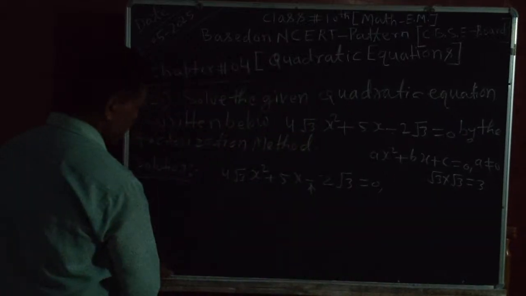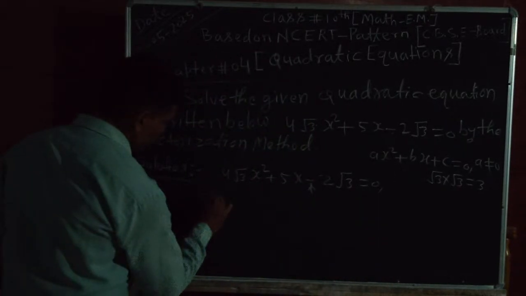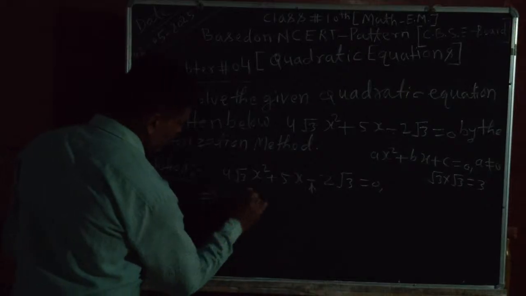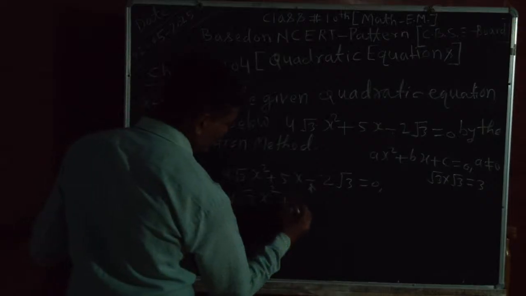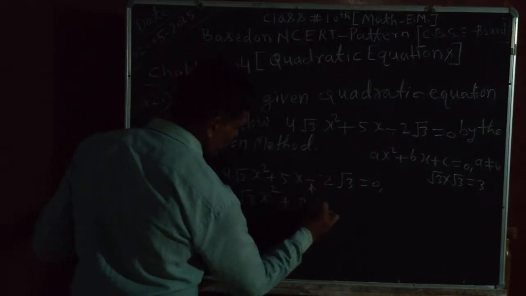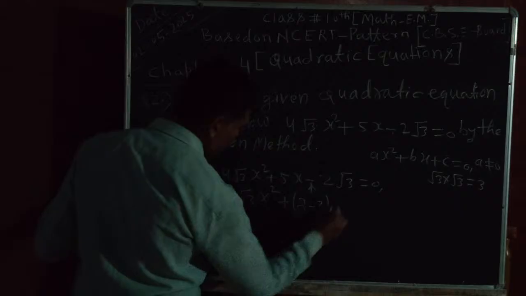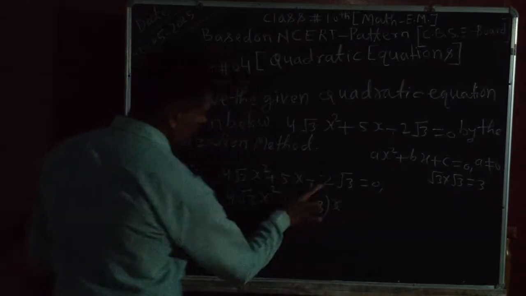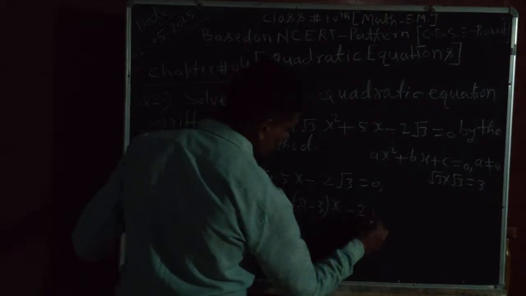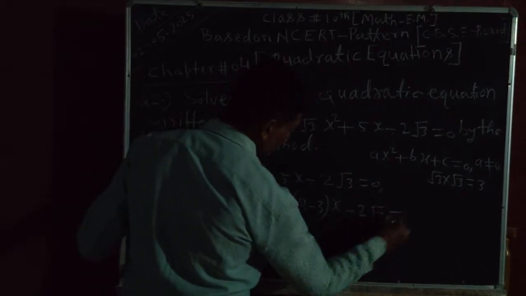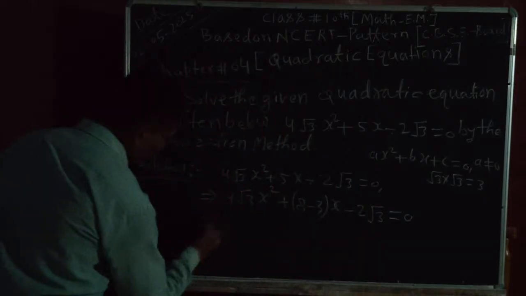So now here I am going to write 4 root 3 x square, and in the place of 5 I will write 8 minus 3, and then I will put x. Now minus 2 root 3 is available, so I will put minus 2 root 3. Okay student, further I am going to simplify it.